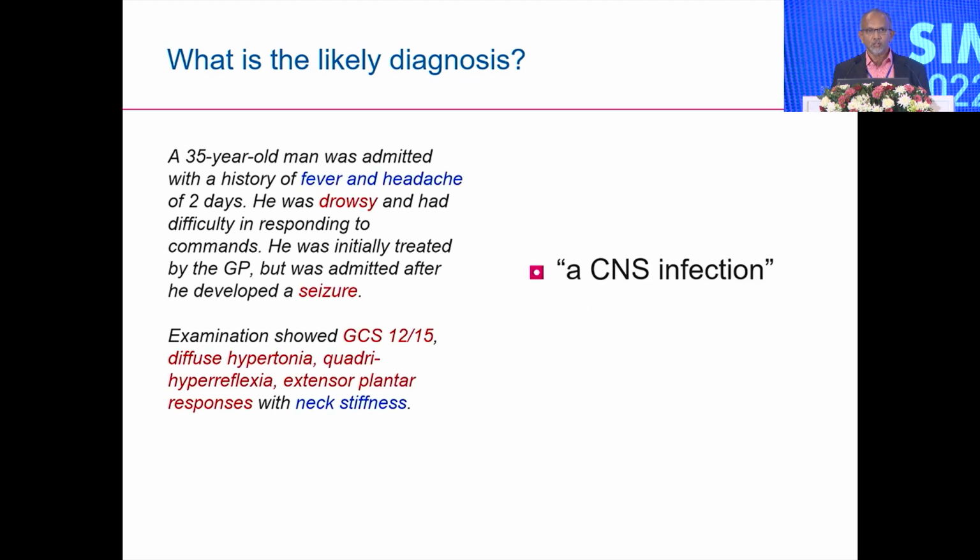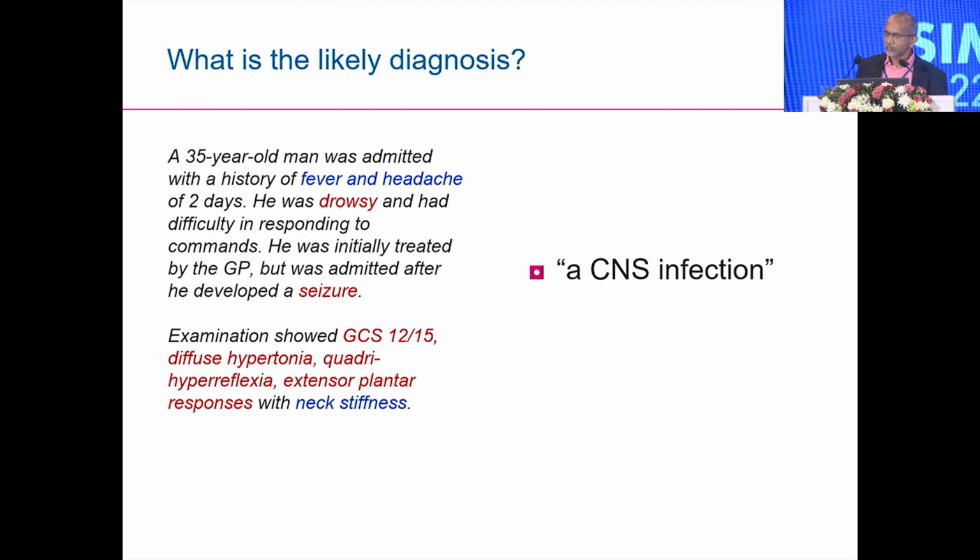All you can say with that patient in front of you, on Monday morning when you go back to the wards for your ward round, is that he has a CNS infection. He will have features of meningitis, meningeal irritation like fever, headache and neck stiffness.